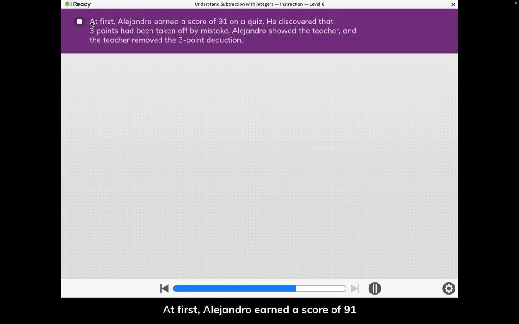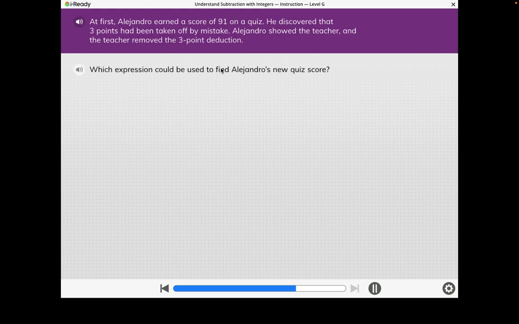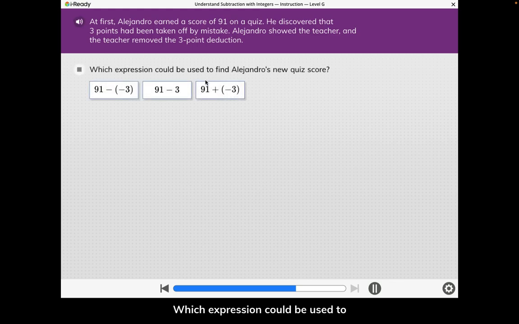At first, Alejandro had earned a 91 on a quiz. He discovered that 3 points had been taken off by mistake. Alejandro showed the teacher, and the teacher removed the 3-point deduction. Which expression could be used to find Alejandro's new quiz score? So 91, because you start at a 91, plus 3.